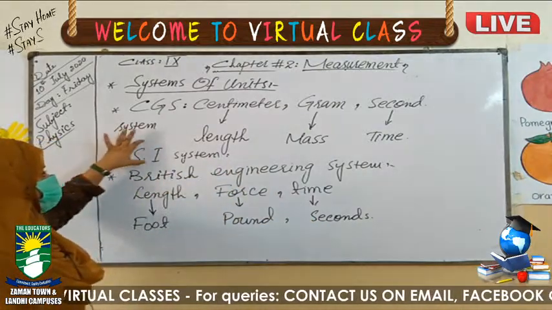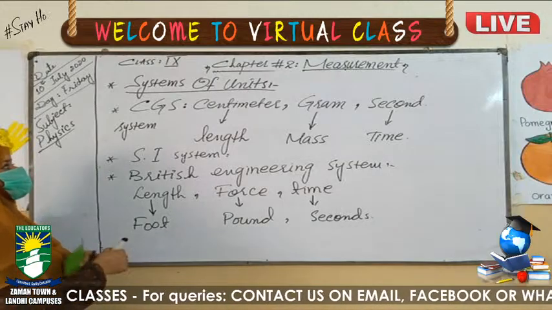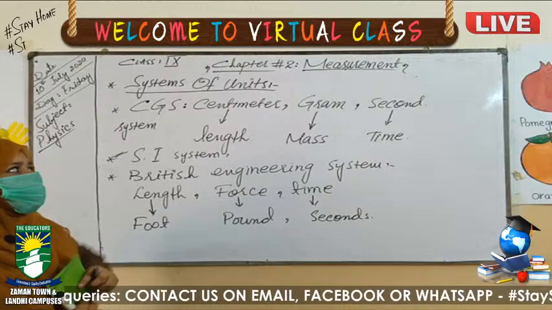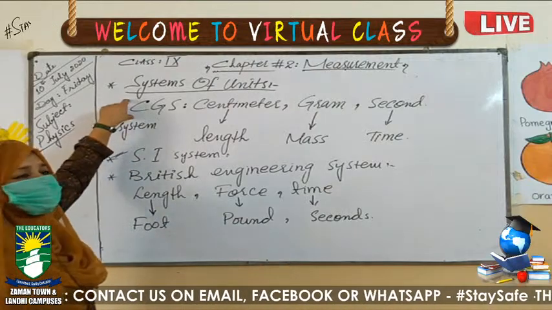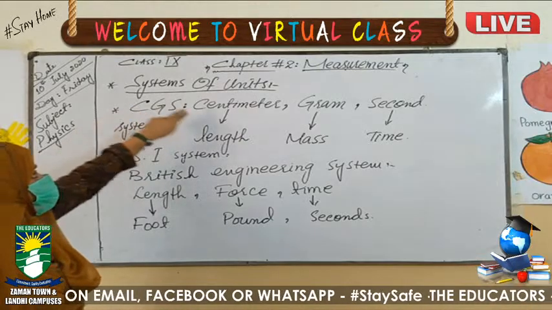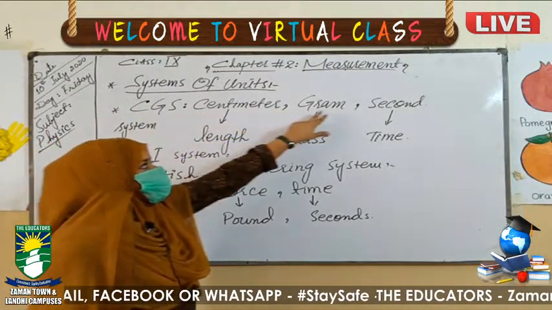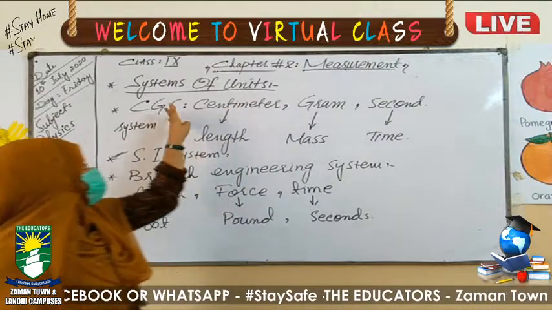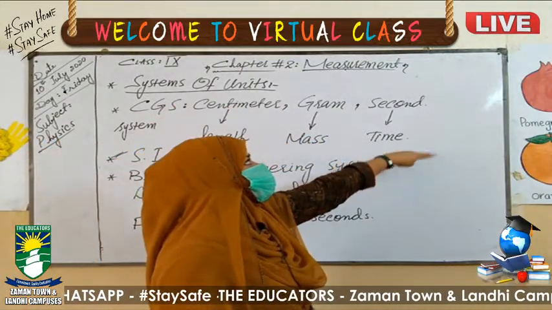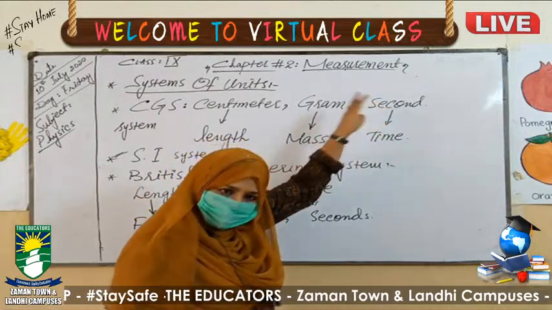Similarly, we have the SI system, or the System International, which is still used in the whole world to measure particular quantities. And the last one is the CGS system, the abbreviated form of centimeter, gram and second. According to this system, length, mass and time are the fundamental quantities.